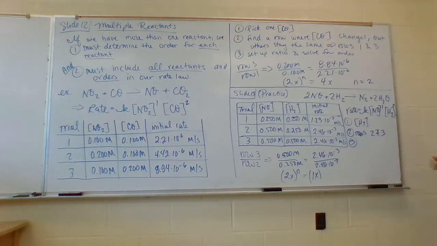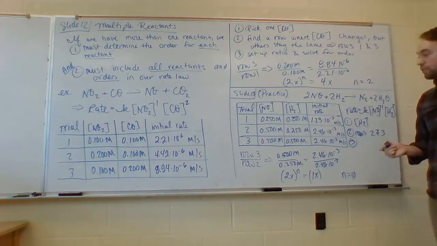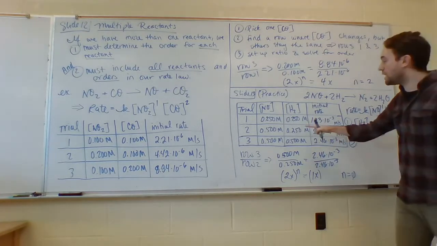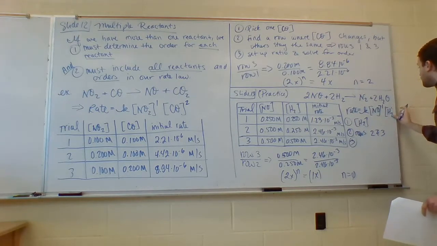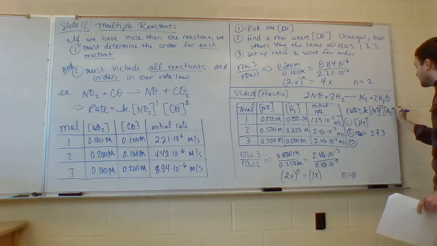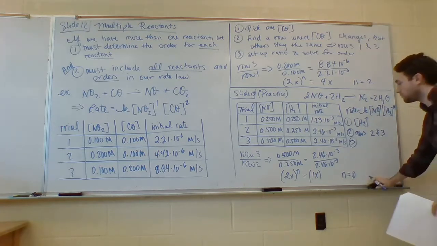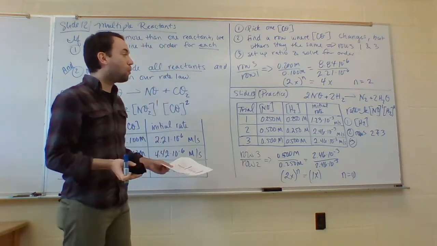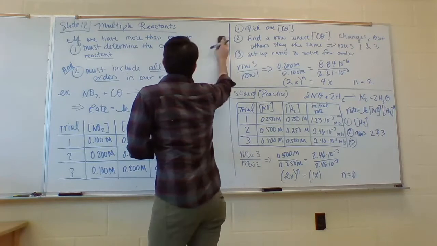It didn't change. That means that our n has to be equal to 0. Remember that for a zeroth order reaction, our rate won't change even if we change our concentration. So that means that our concentration of H2 is raised to the 0 power. That would be how you would get your differential rate law and the orders using experimental data.